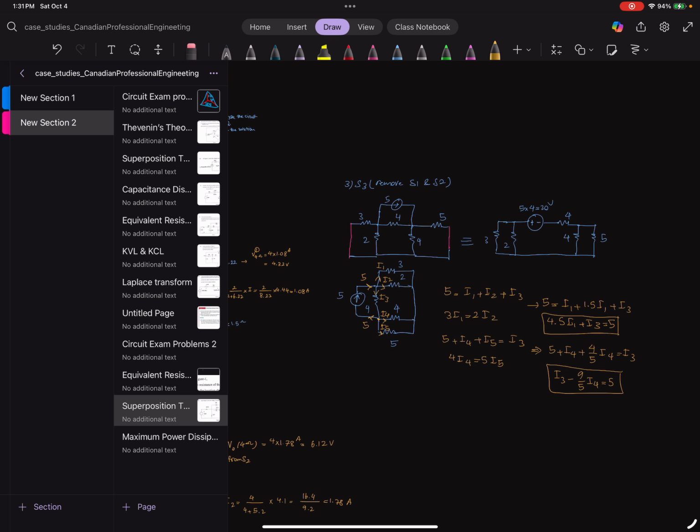How can I get that? We have I1 here, I2 coming here, and then I4 is here, I5 coming here. We have another node here. We can use that, or what else can we use?